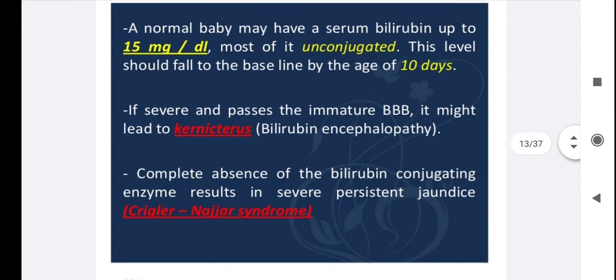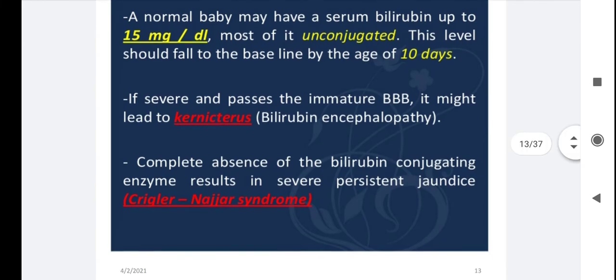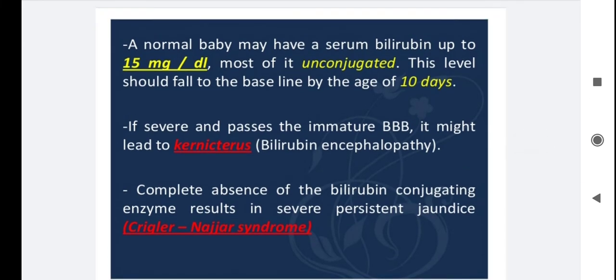In severe cases, because of the immature blood-brain barrier, it might lead to kernicterus, bilirubin encephalopathy. One of the problems that occurs is kernicterus, which is the bilirubin reaching the brain and causing brain toxicity, encephalopathy due to accumulation of bilirubin.